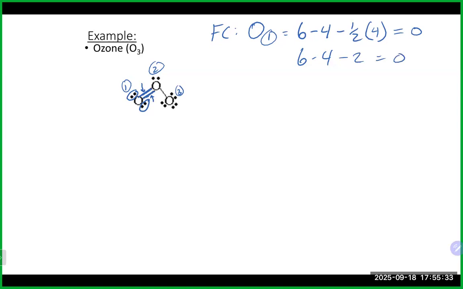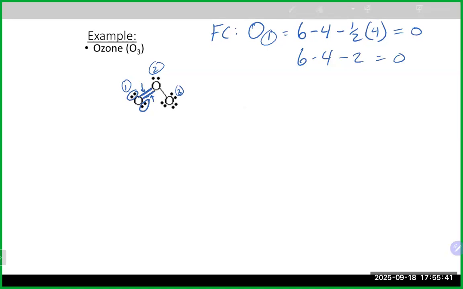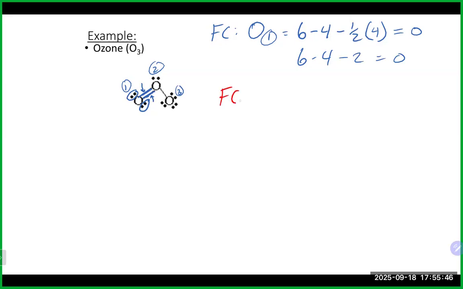So if you just want to count the bonds rather than doing half the number of bonding electrons, it works the same way as well. Now, if we go over to our oxygen number 2 and we want to calculate the formal charge there, again, oxygen has 6 valence electrons.